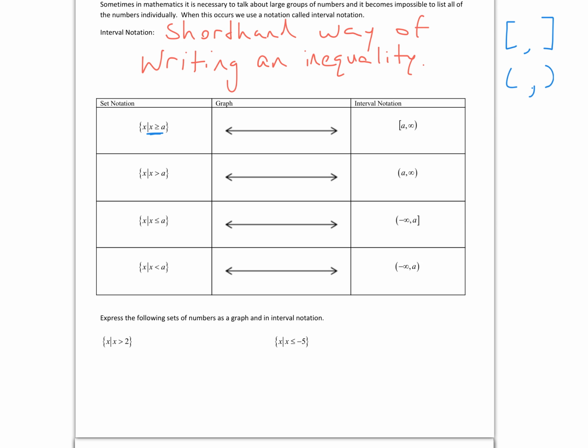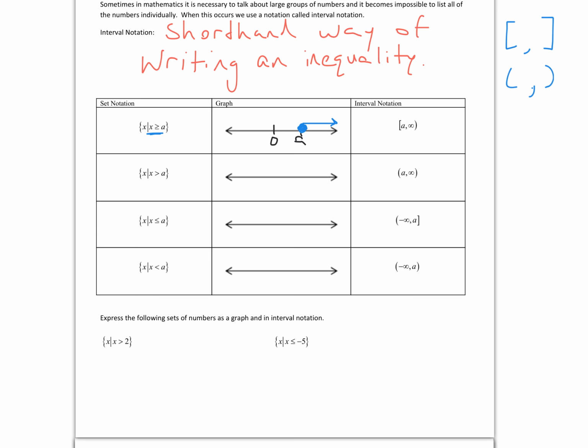On a number line, that looks like this. So here's an empty number line. Let's fill this in. If this is 0, maybe we'll put A here. If it's greater than or equal to A, we include A, so we're going to have a closed dot on A, and anything to the right of it is a solution.